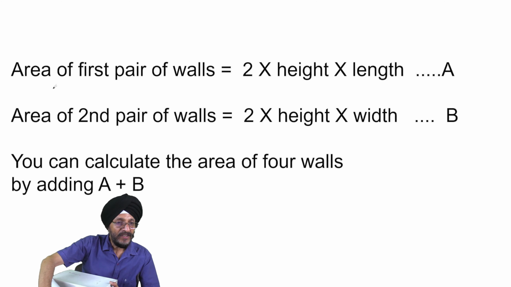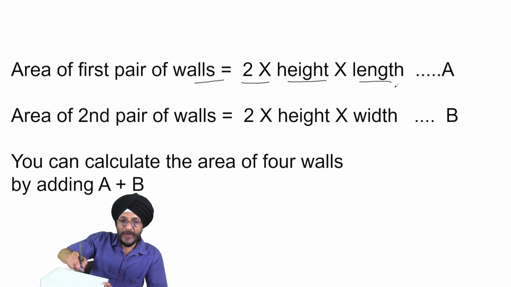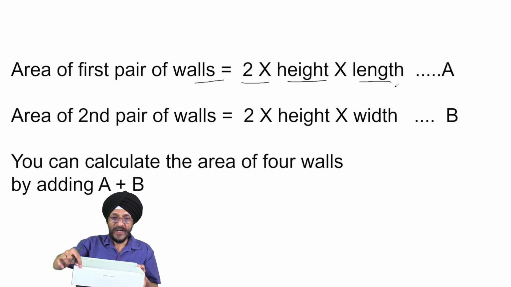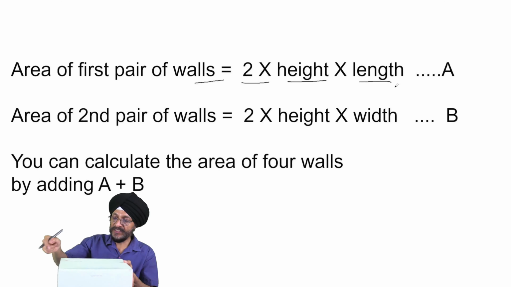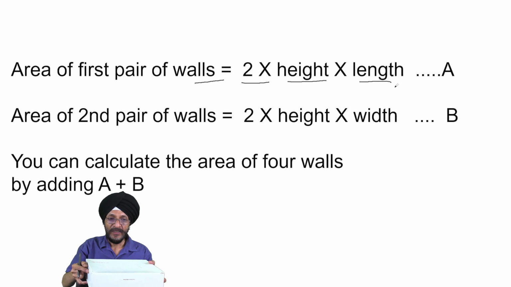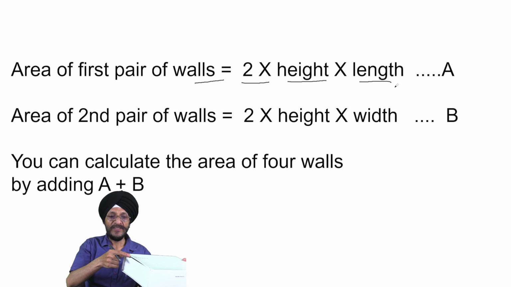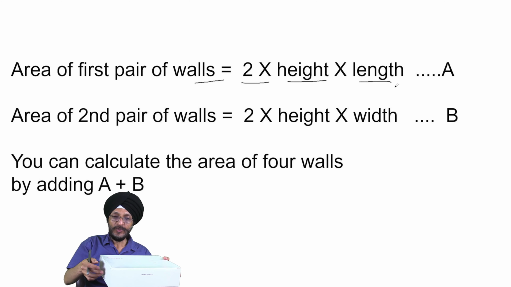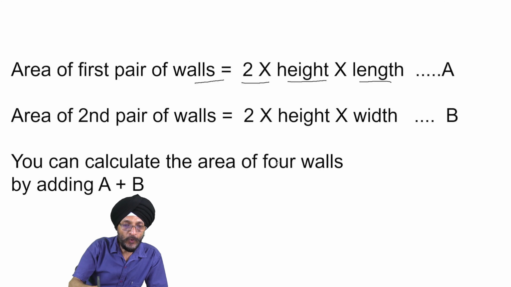You can see here that the area of the first pair of walls is 2 into height into length. Now the second pair of walls: here you can see that this is the height and this is the width. These are also two walls, so we will multiply 2 into height into width.